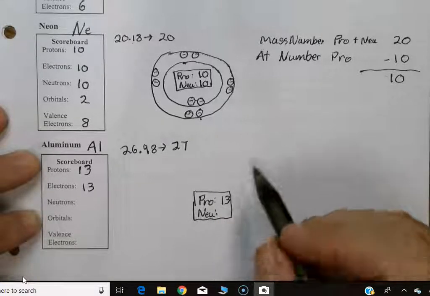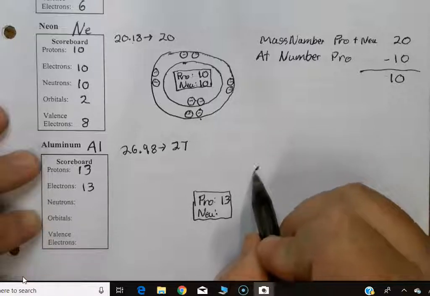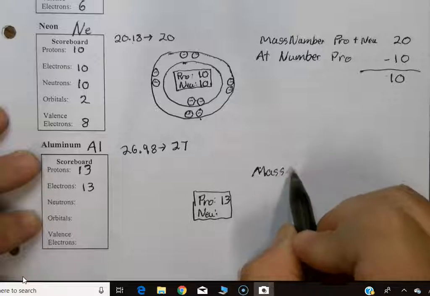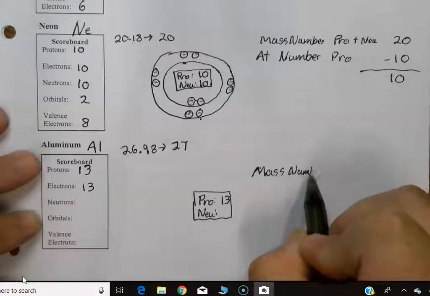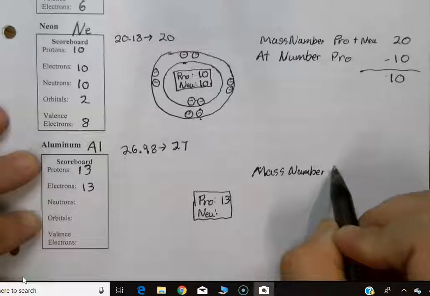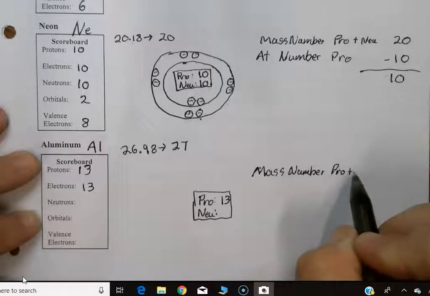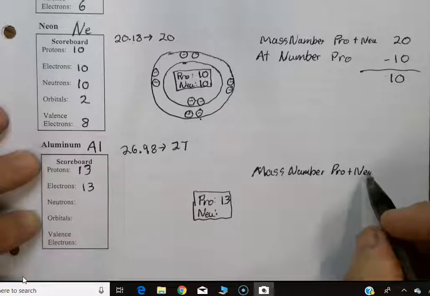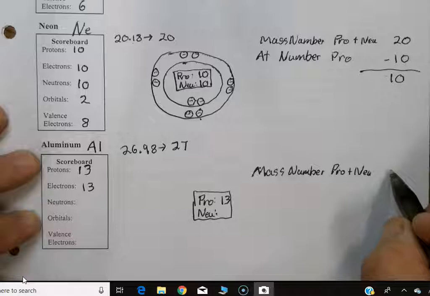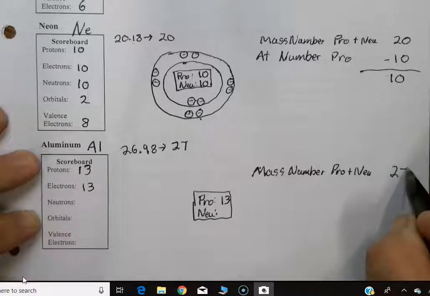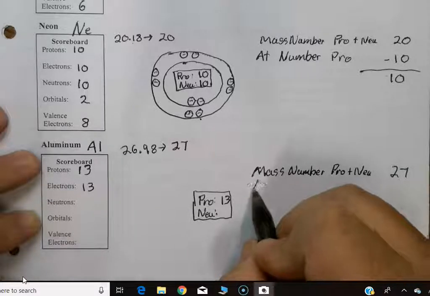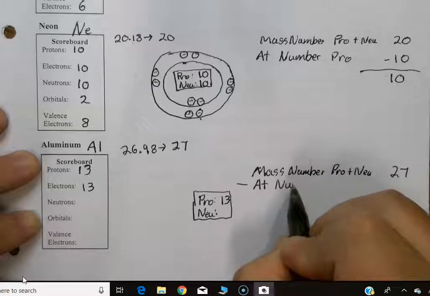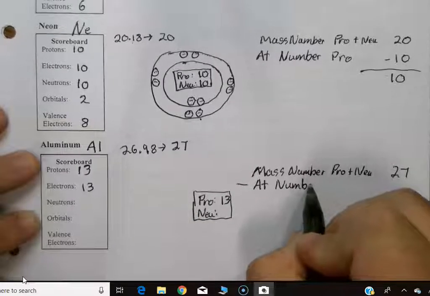Now we have to do our calculation, our little subtraction problem for neutrons. And we subtract from that the atomic number, which is just the number of protons.